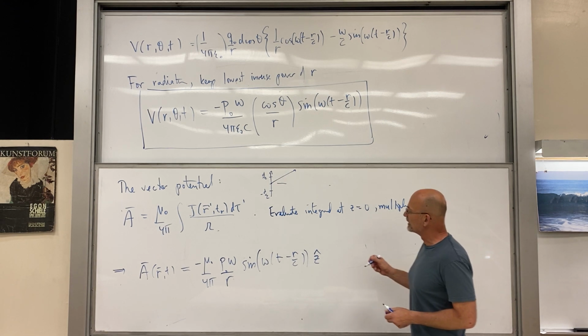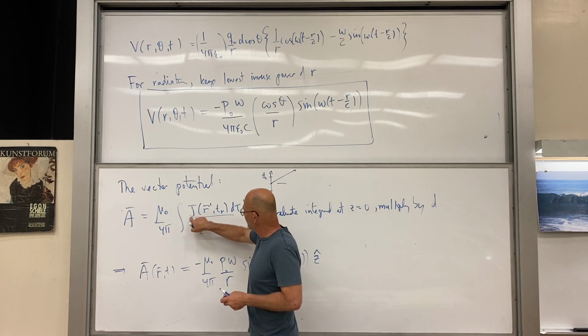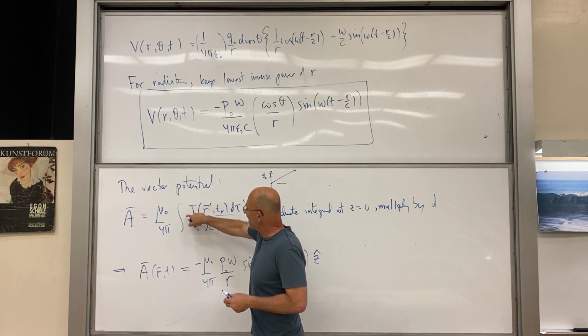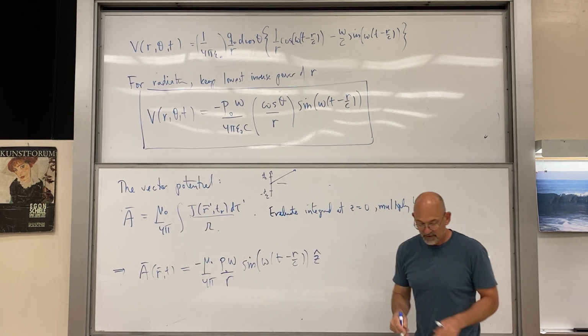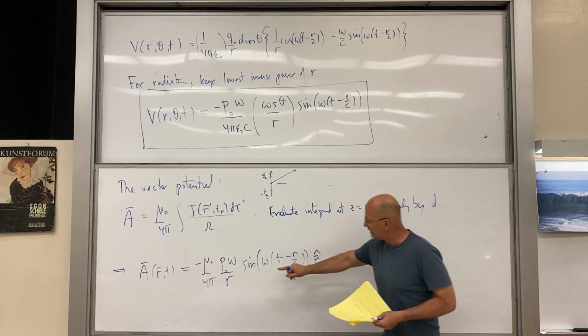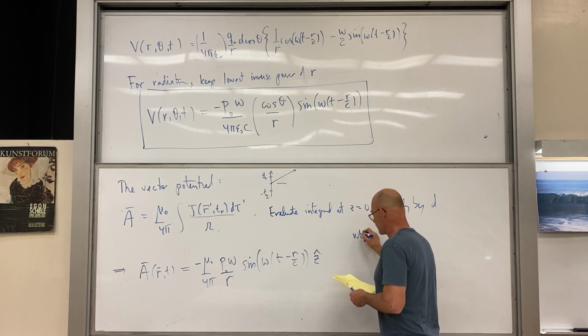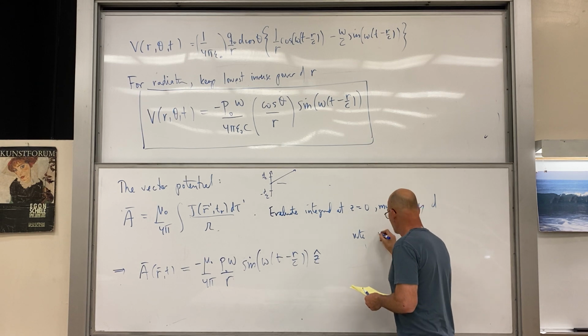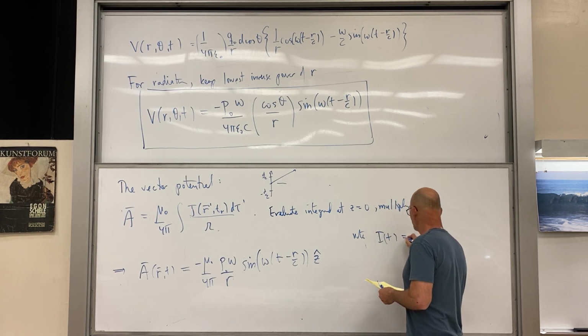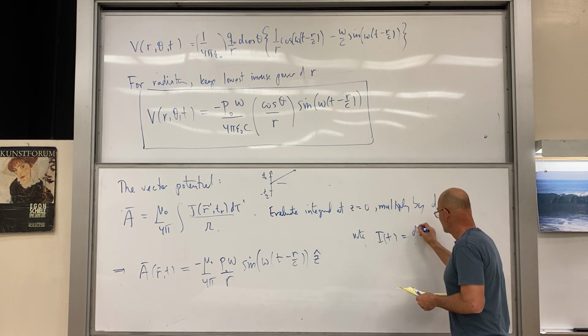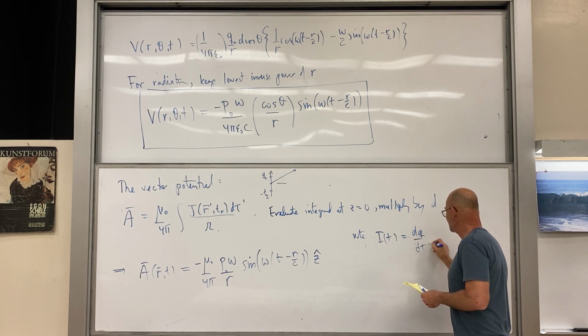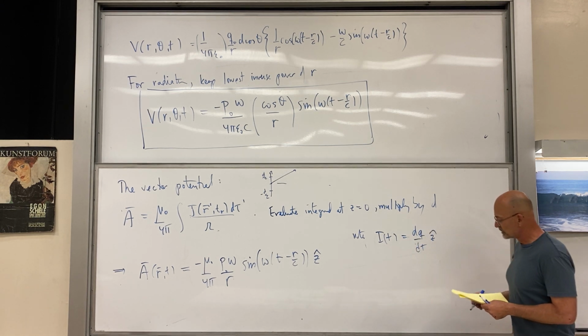Oh, actually, let's put a note here. This was the current density, so we do have to say where this omega came from. So, note on that: I(t) was equal to dq/dt in the z hat direction.